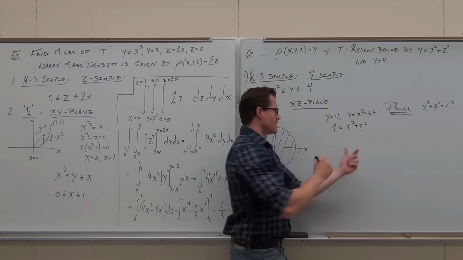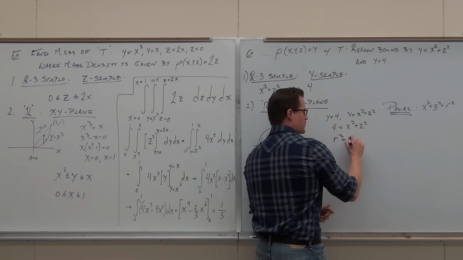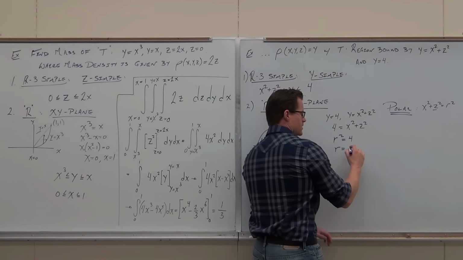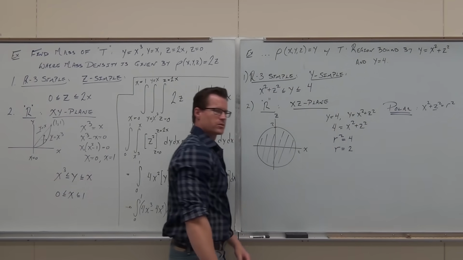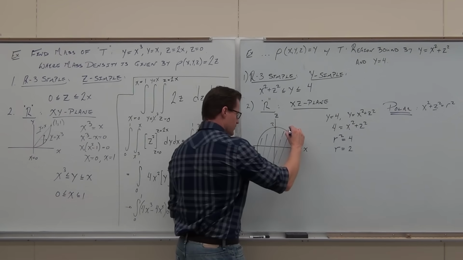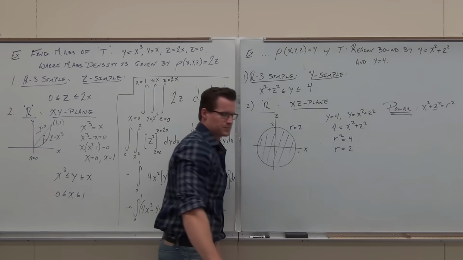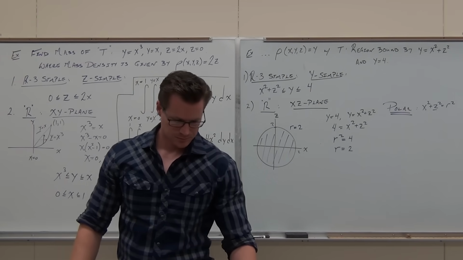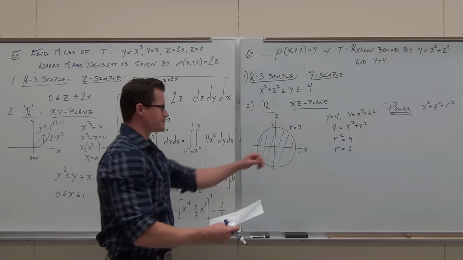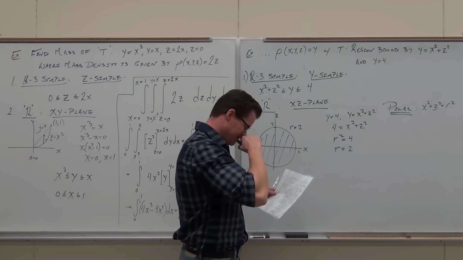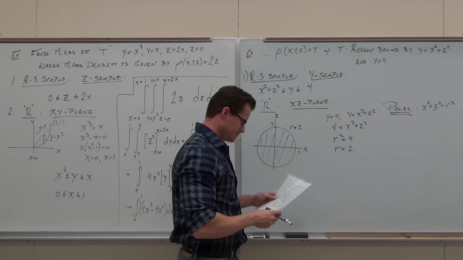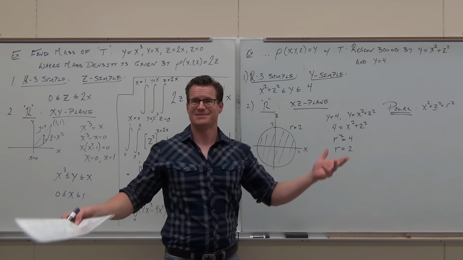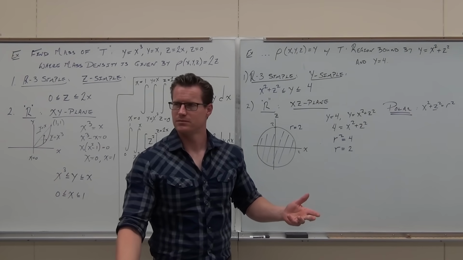R squared. So that would be r squared equals 4, r equals, how much, ladies and gentlemen? 2. R equals 2. Yeah? Pretty neat.